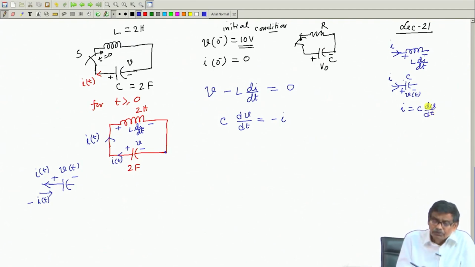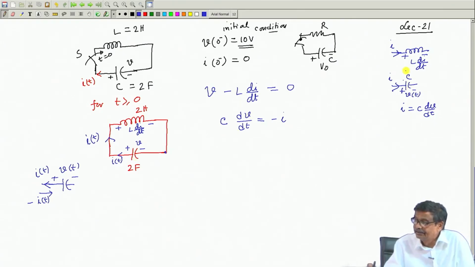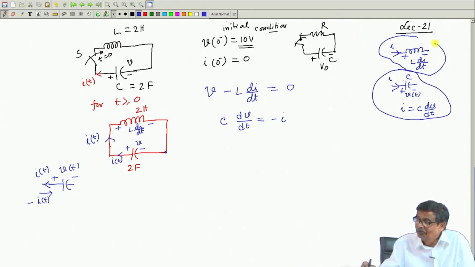But here I have assumed I(t) like that. Fine, L dI/dt, no problem. In the capacitor, the current is leaving the plus terminal. That means minus I is entering through the plus. So, it is minus I which should be equal to C dV/dt to be consistent with this. These two things you must always remember. Similarly, for resistance, of course, it is plus minus R I.